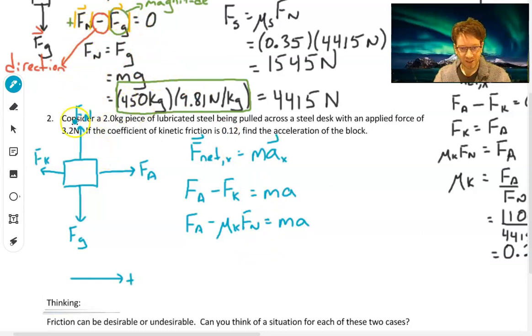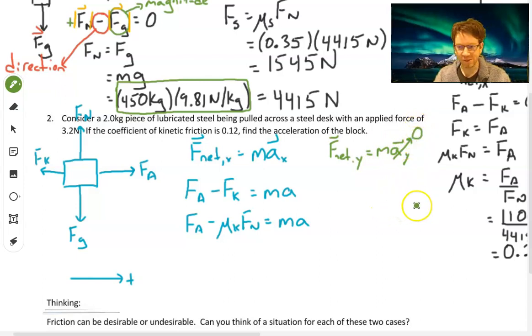Since there's only 2 vectors in our vertical direction, and since there's no acceleration in our vertical direction, if you like, I can do exactly what I did up there and write it out by going F net in y equals mass times acceleration in y. But acceleration in y is 0. It's not lifting off the desk.